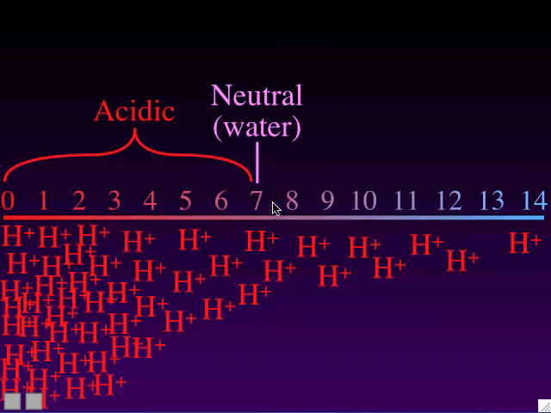And on the other side right here, any solution that has a pH above 7, you call a basic solution, and those are the basic pHs. So for instance, 7.1 is a basic pH, and 7.5 is a basic pH, and 8 is a basic pH, and 11 is a basic pH, and 13.4 is a basic pH, and 14 is a basic pH. Any pH above 7 is a basic pH.